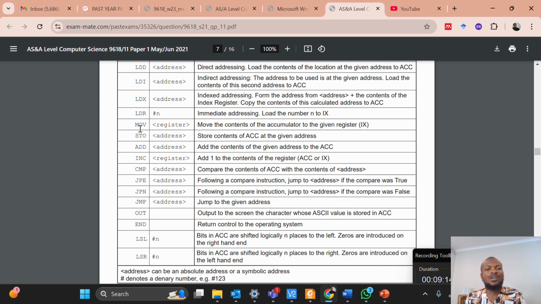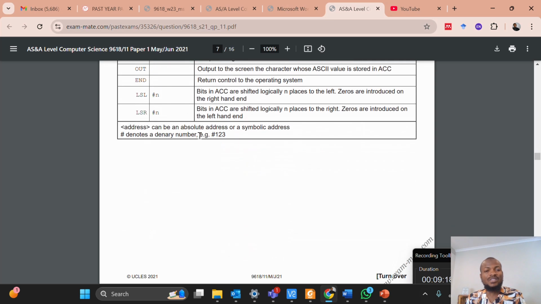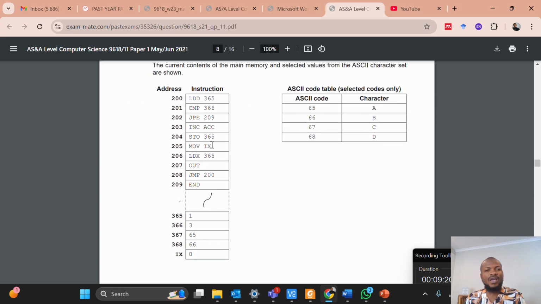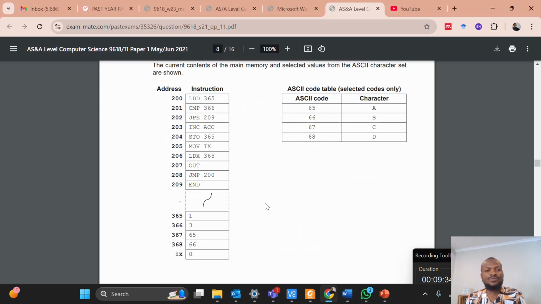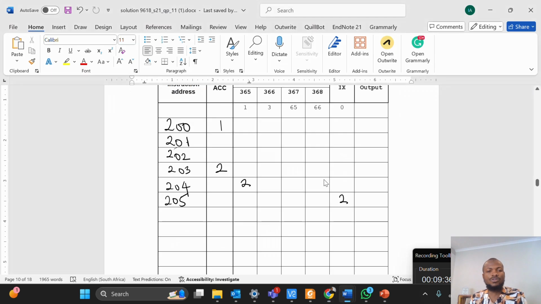To that register. So MOV IX means move the content of accumulator to the register. So what is the content of accumulator? It is 2, isn't it? So move it to the register. So the register now has value 2, no more 0. Now the next we move to 206.